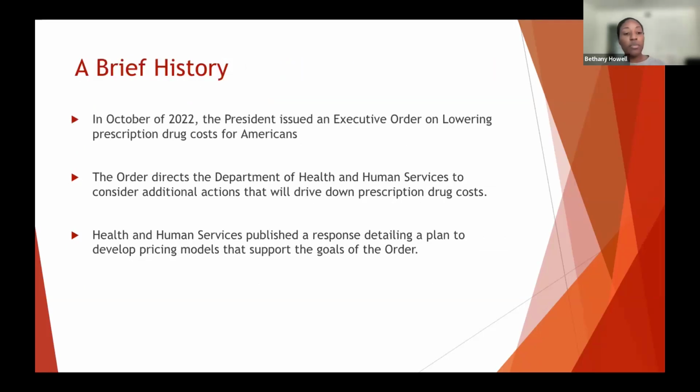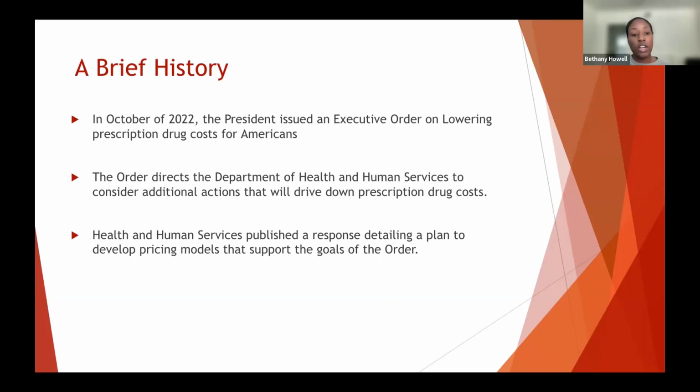Okay, so we'll start with a brief history that leads us into how we got to the CGT, cell and gene therapy access model. In October of 2022, the president issued an executive order on lowering prescription drug costs for Americans. There's been a lot of legislation focused on prescription drug costs, and really this order said there's not enough being done, and what else can we do?